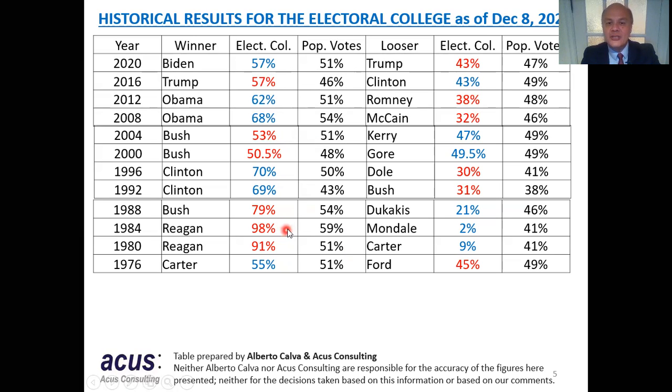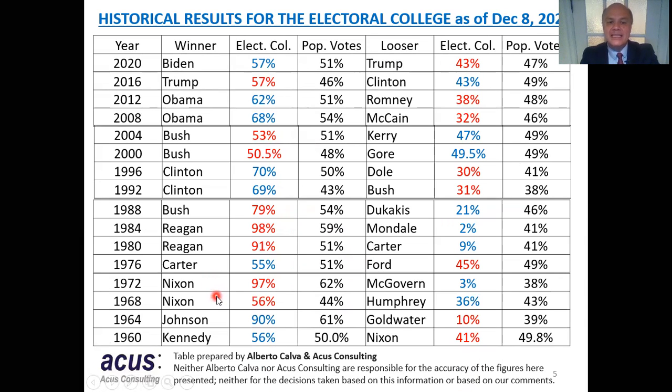Anyway, this is the largest number of seats or votes in the Electoral College for one of the candidates. Jimmy Carter in 1976 got 55% of the Electoral vote and 51% of the popular vote against Gerald Ford.